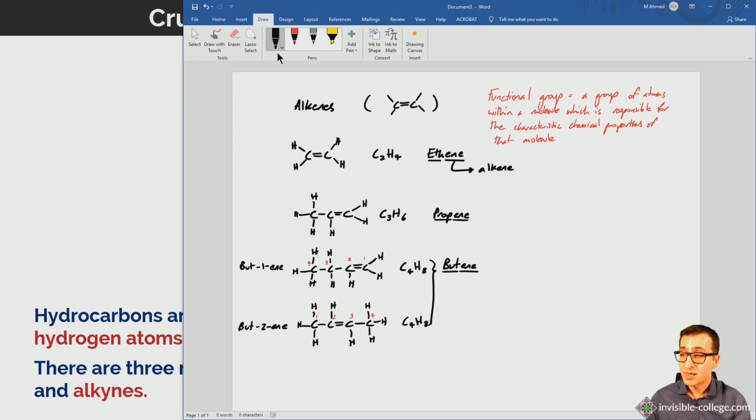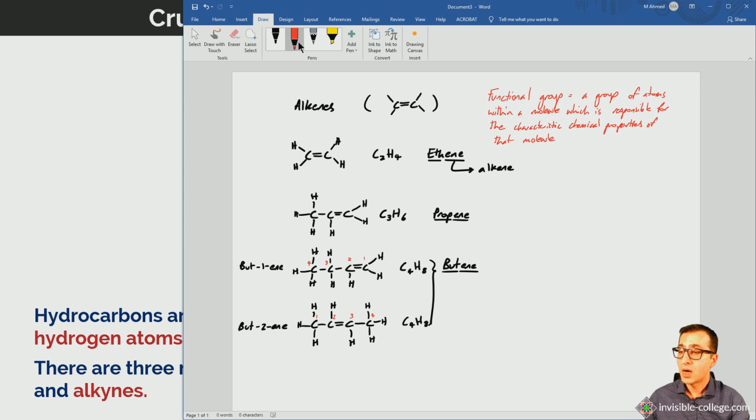In this, it is located between carbon 1 and carbon 2. In this molecule, it's located between carbon 2 and carbon 3. Now, when we do this in the name of an organic molecule, we always separate letters from numbers by a hyphen, like this. And so this is how we name these two.